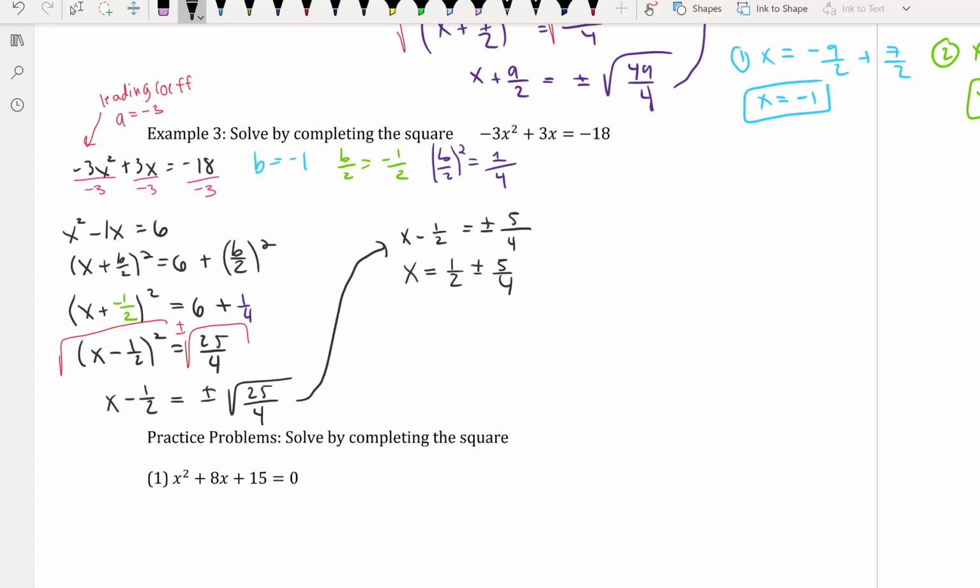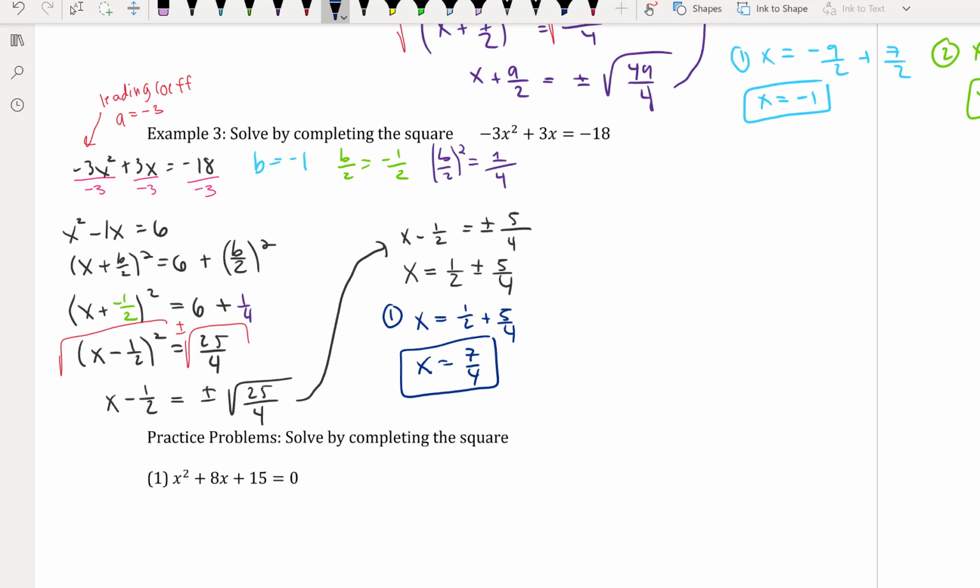So again, I'm going to have two different answers here. So for my first answer, I'm going to have x is equal to 1/2 plus 5/4. So if you use your calculator so that you have 1/2 plus your fraction of 5/4, that's going to give you 7/4. So that's going to be your first answer.